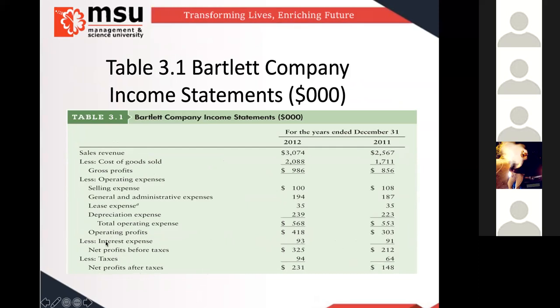So before interest and tax is operating profit. So operating profit divided by interest expense: operating profit 418 divided by 93. The higher the number, the better the ability of the company to pay its interest. That is the meaning of times interest earned.